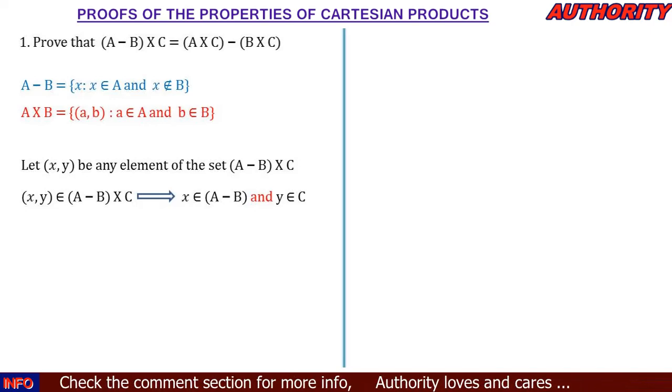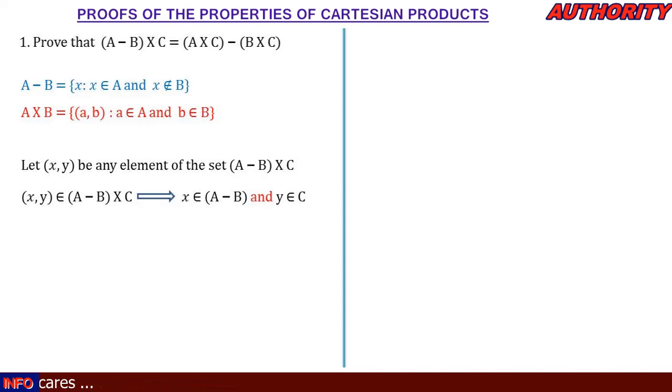And what is the first set? A difference B. You get it? And then the second element, y, comes from the second set, which is C. Or you simply say that x exists in A difference B and y exists in C.